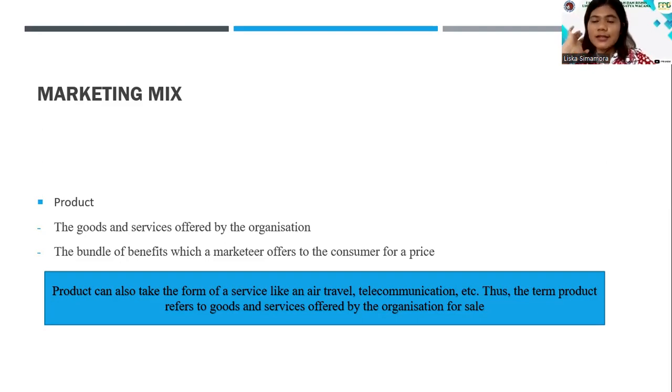If we create that kind of business, our product is service. Thus, product refers to goods and service offered by an organization for sale. So if we are in business, we create goods and service for sale.